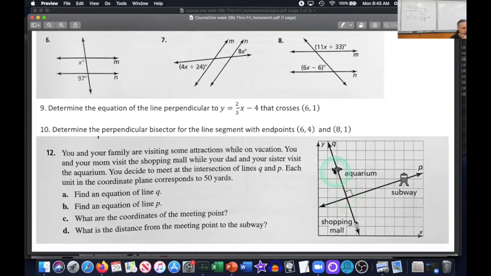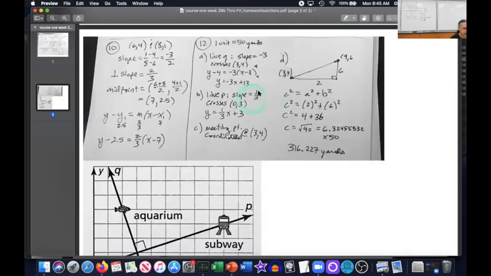So you notice the Q line, we're going down 3 and to the right 1. And for the P line, we're going over 3, right 3, and up 1. So you can get the slopes just by inspection.